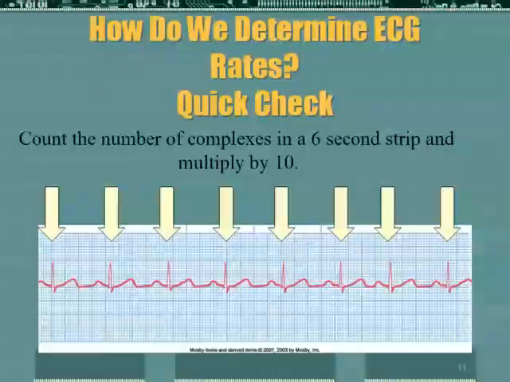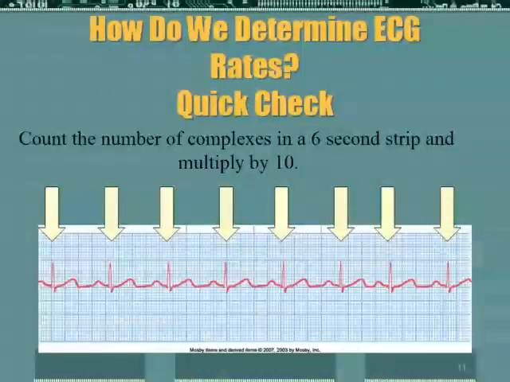So you count the number of QRS complexes or heartbeats in 6 seconds and multiply by 10, and that would give the patient's heart rate. If we looked at this particular strip in those increments of 1 second, 2, 3, 4, 5, 6, it looks like this patient's heart rate would probably be about 60.